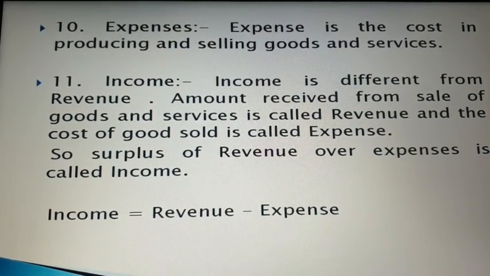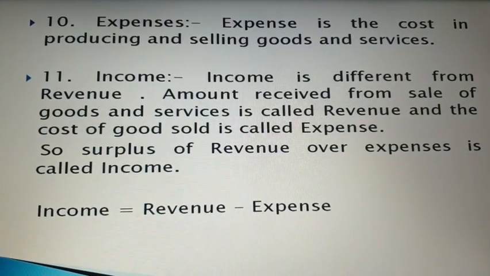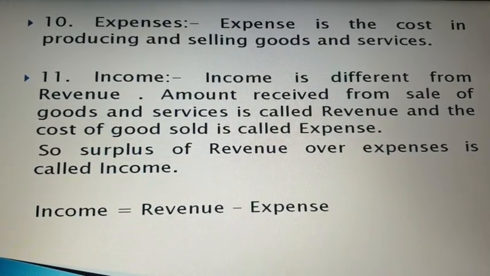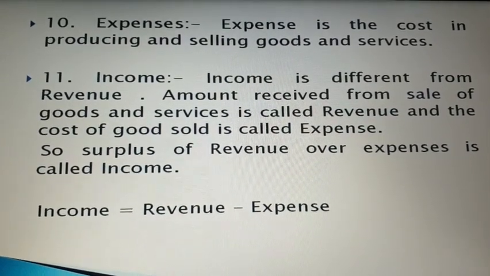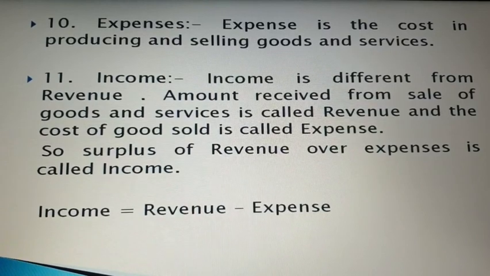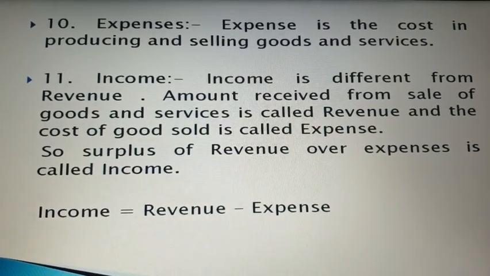So expenses include cost of goods sold, expenses paid on producing and selling of goods and services like salary, rent, commission or depreciation. So these all items are related to expense.